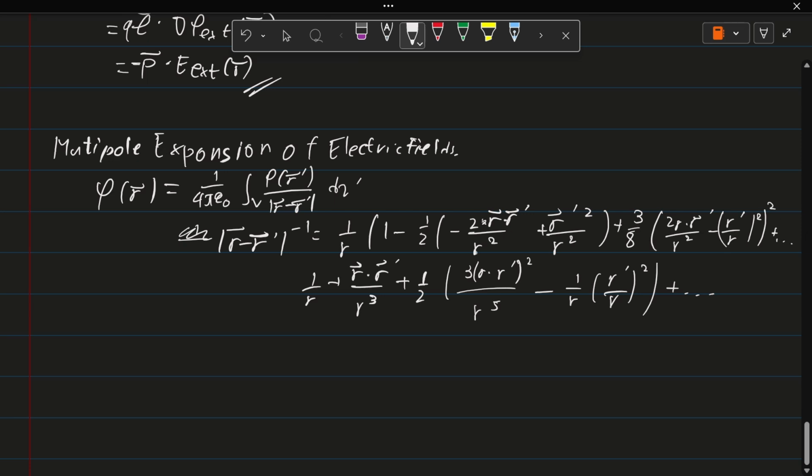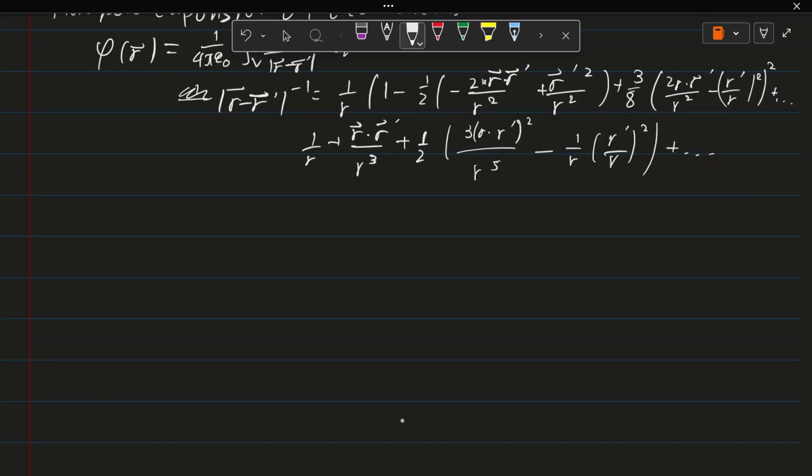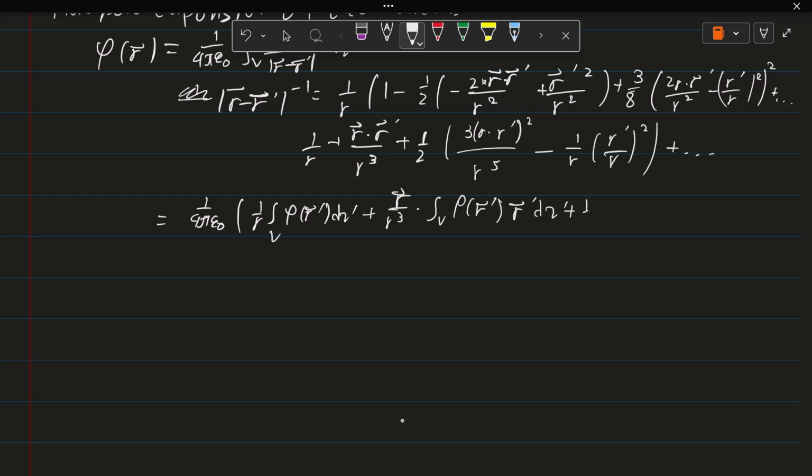Now if you put this into the potential of the electrostatic field, you would get 1 over 4 pi epsilon 0 of 1 over r times the integral of rho of r prime dv prime over the volume, plus r vector over r cubed dot the integral of the volume charge density multiplied by the position vector dv prime, plus 1 over 2 of the integral over the volume.